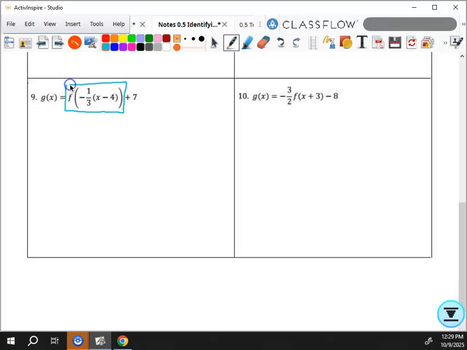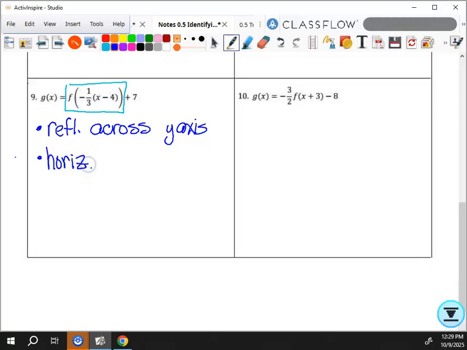This is what we're boxing here, right? So I start with the negative. That is going to be a reflection across what? Y-axis. Good, because that's on the inside. The 1/3, that's on the inside, so that makes it a horizontal something.